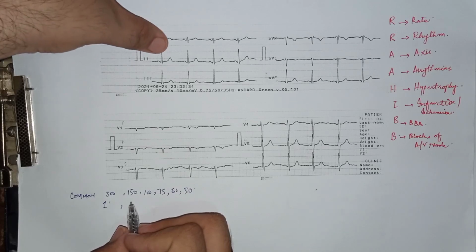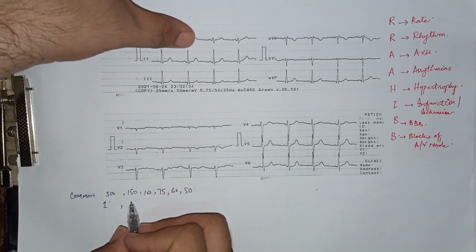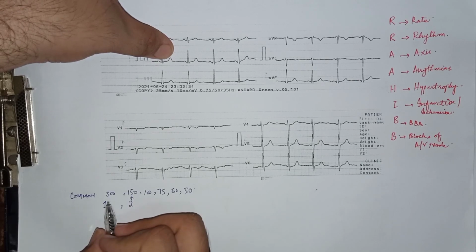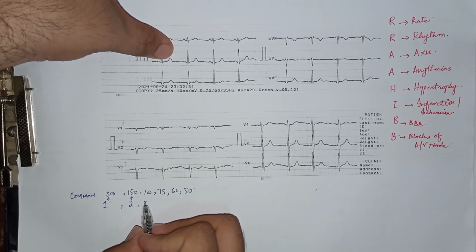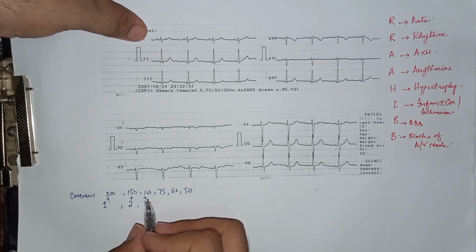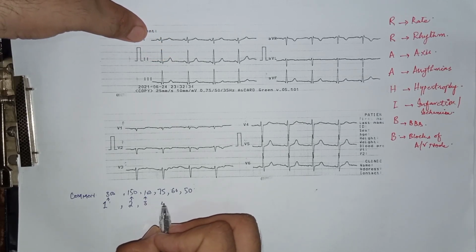If two large boxes are present between the RR interval, then the heart rate is 150. If three large boxes, then the heart rate is 100. If four, then the heart rate is 75.